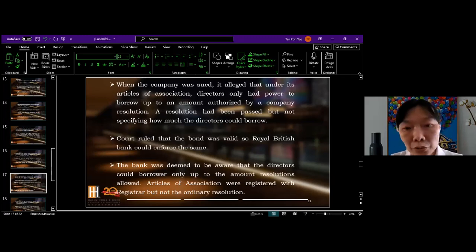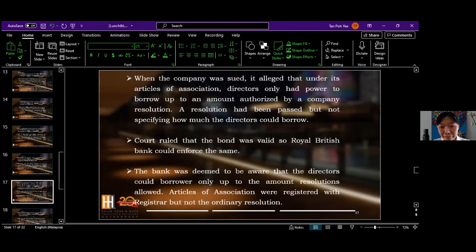So the court ruled that the bond was valid because Royal British Bank is a bona fide outsider dealing with this company. So the bond was valid, so that the Royal British Bank could enforce the same. The bank was deemed to be aware that the directors could borrow only up to a certain amount.